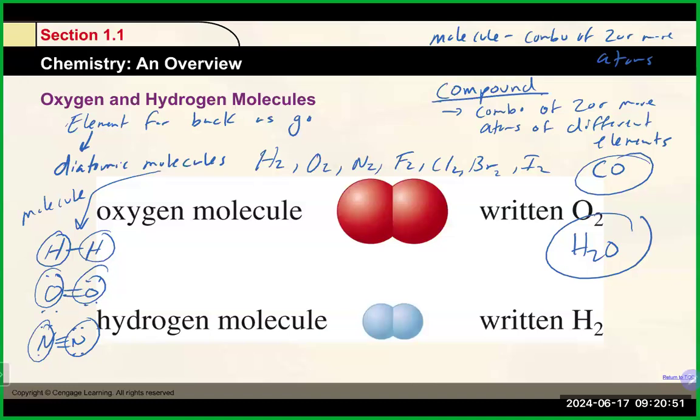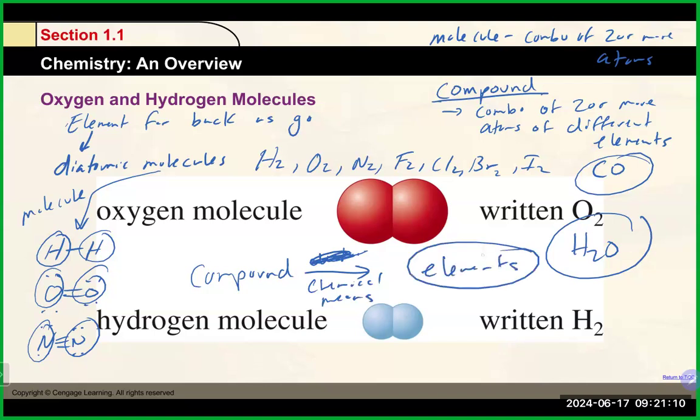So other things that we'll talk about along the way, we can take compounds and break them apart by some type of electrical means or chemical means. And you could break them apart into elements, but that again is pretty much as far back as you can go.